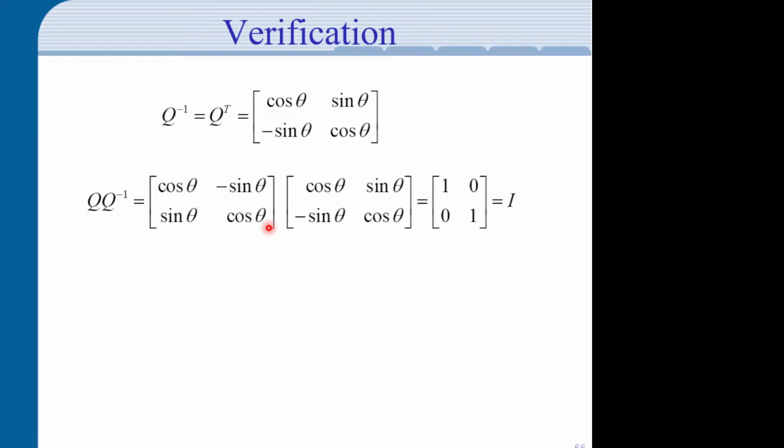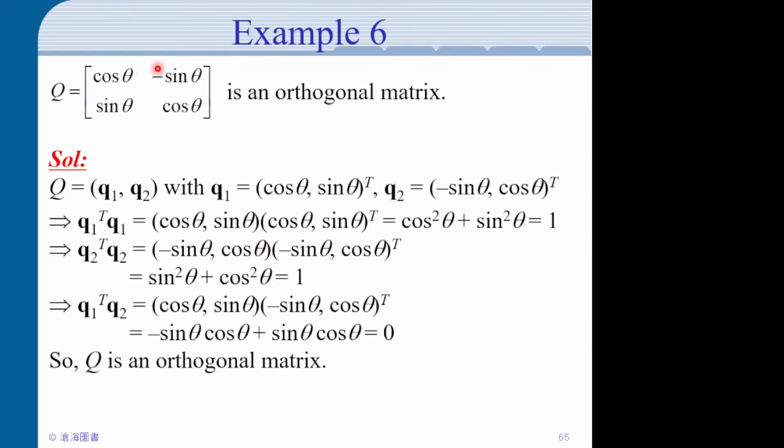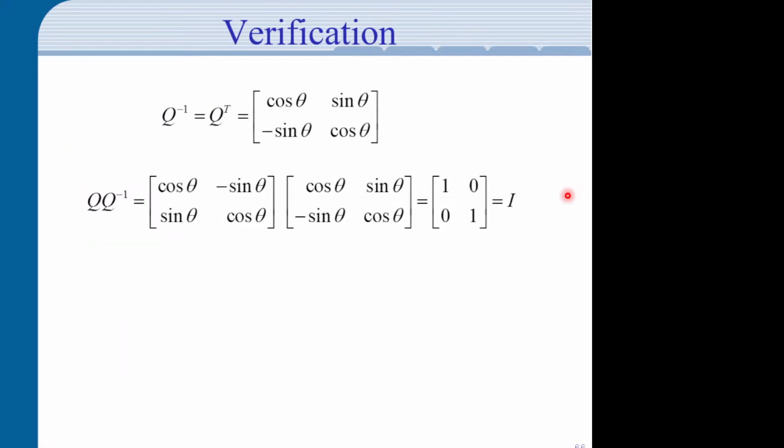And then we check our theorem is actually true. If we have Q^T, you transpose this thing, so you just move this minus sign here. Then you multiply those two things, and you see that our calculation was correct. This element is cosine squared theta plus sin squared theta. This 0 is cosine theta sin theta minus sin theta cosine theta, and this 0 is cosine theta sin theta minus cosine theta sin theta.